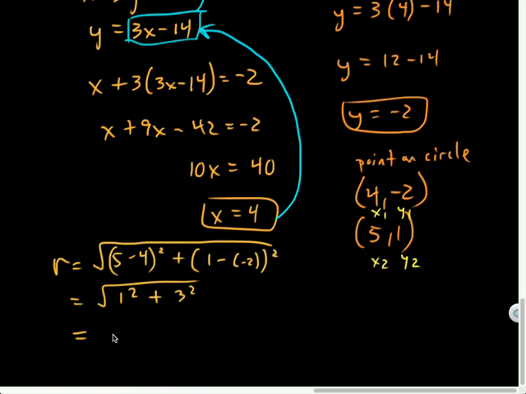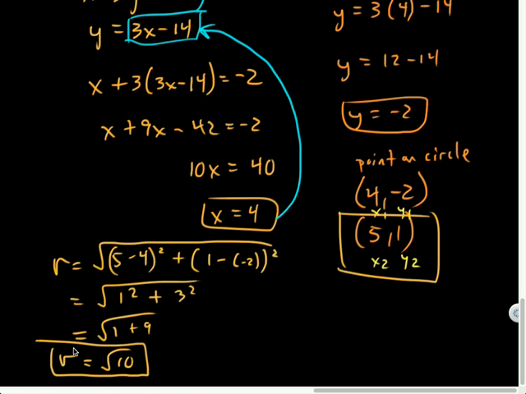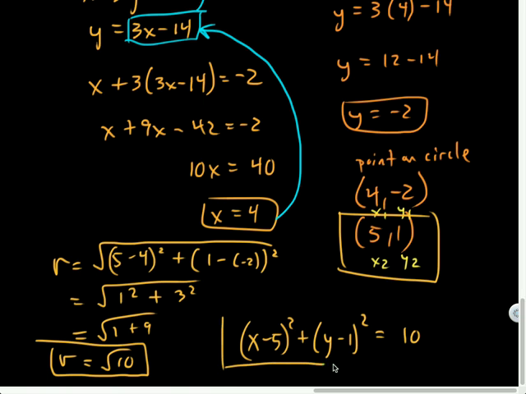Square root of 1 plus 9, square root of 10. So, between my center and my radius, I can now write my equation. (x minus 5) squared plus (y minus 1) squared equals the square root of 10 squared, which is 10. Whew. That one was quite the mystery.